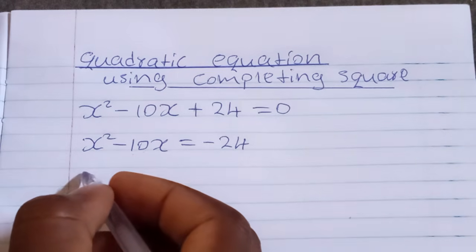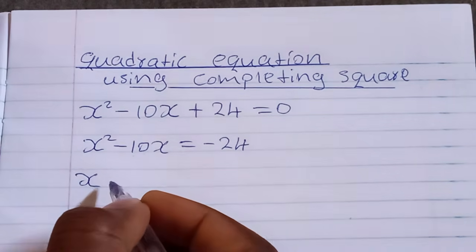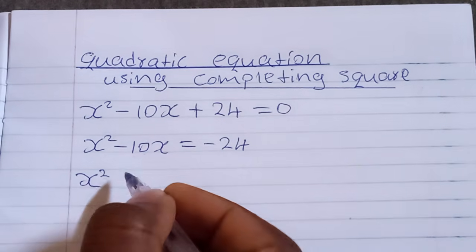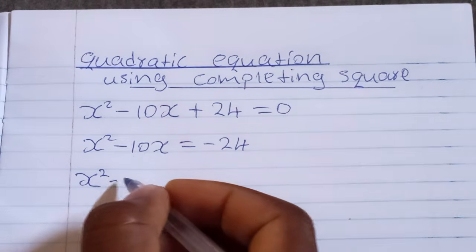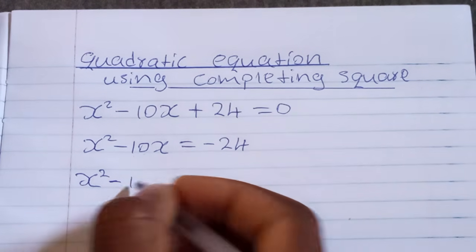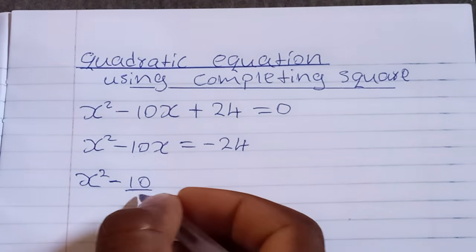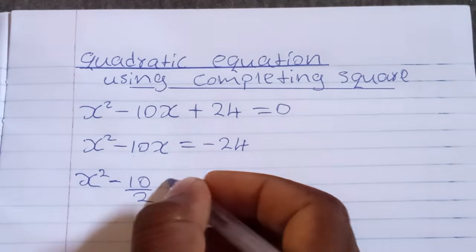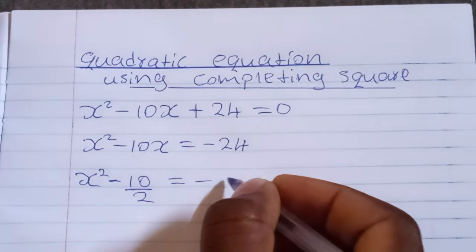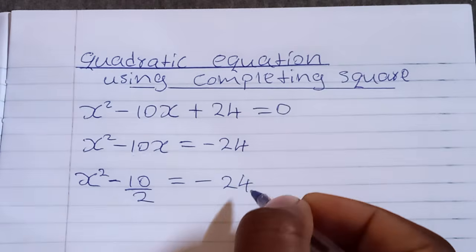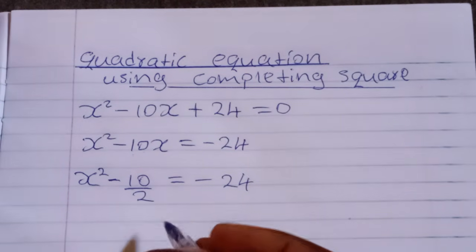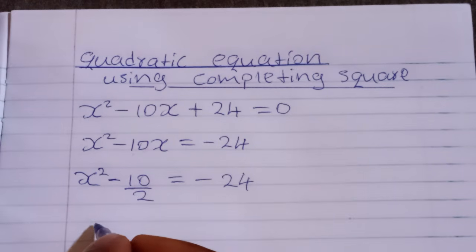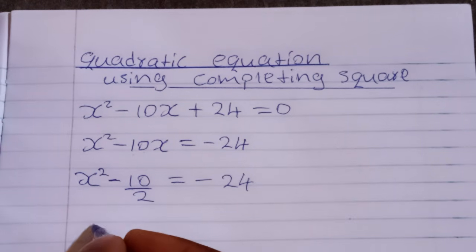So we are going to say x squared minus 10 over 2 is equal to negative 24. So half of negative 10 is basically negative 5.